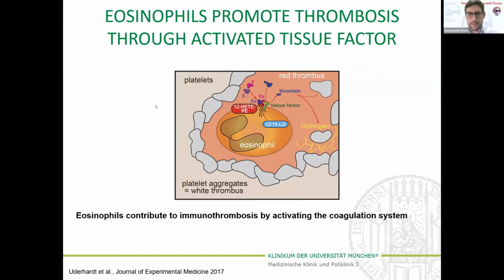But this specific form of the cell membrane in eosinophils promotes a very active form of tissue factor, which then triggers the coagulation cascade. And what is also evident is that diseases which have very high numbers of eosinophils in the blood are also associated with thrombotic complications, indicating that eosinophils really have a strong prothrombotic effect.